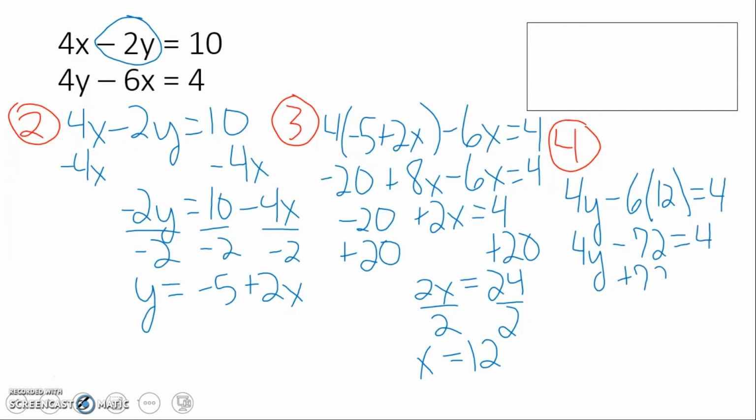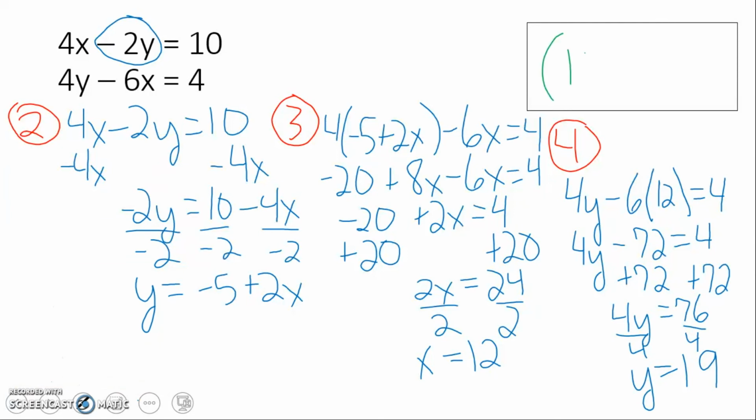We'll add 72 to both sides. Get that 4y equals 76. Divide both sides by 4 to find that y is 19, which means our final answer is (12, 19).